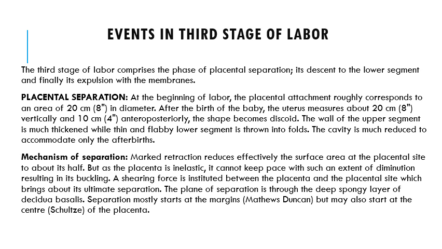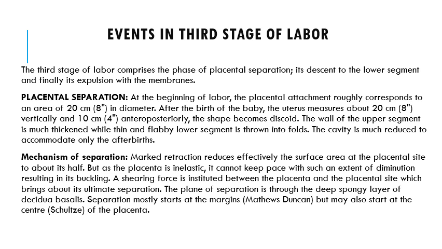But once the baby is born, the uterus measures about 20 cm vertically and 10 cm anteroposteriorly, and its shape becomes discoid. The wall of the upper segment is much thickened, while the lower segment becomes thin and flabby and is thrown into folds. The cavity is much reduced to accommodate only the afterbirth.